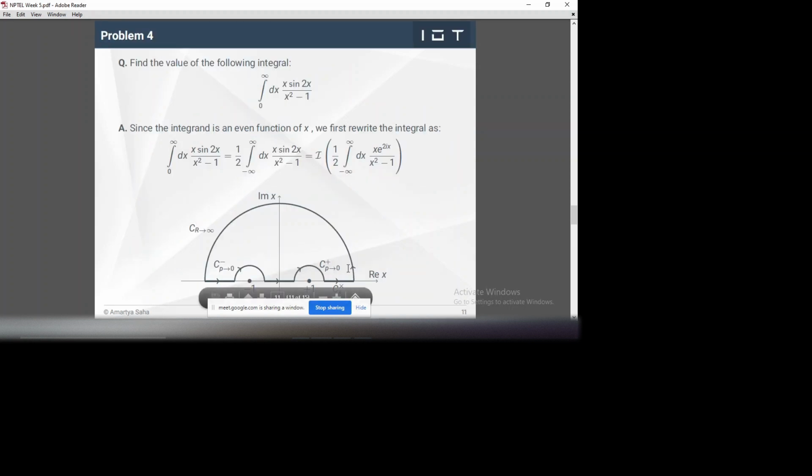And then the second semicircle C plus, again radius almost 0, and centered at z equal to plus 1, and lying on the upper half plane. Yeah, that is what we have drawn here.